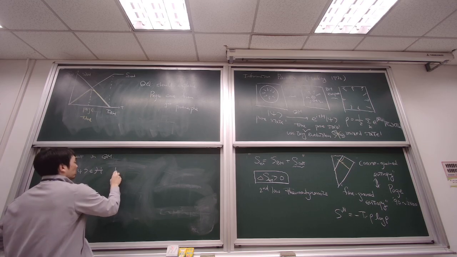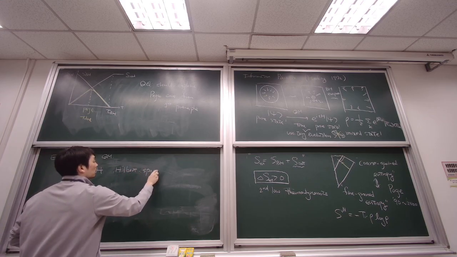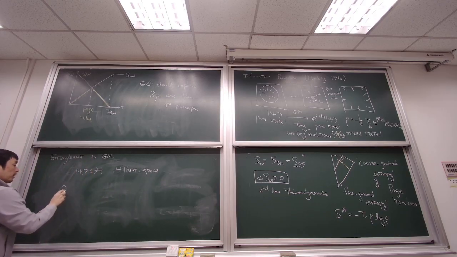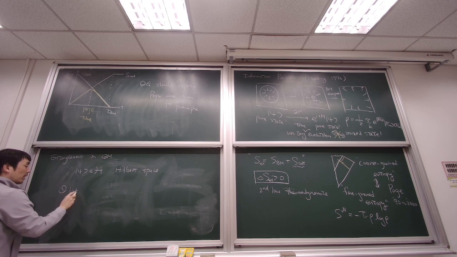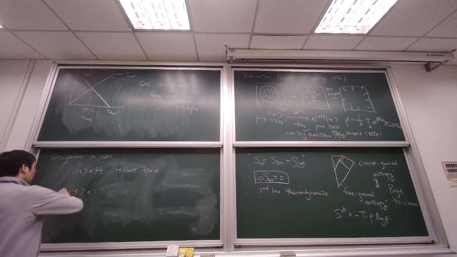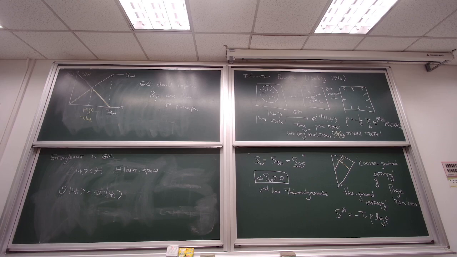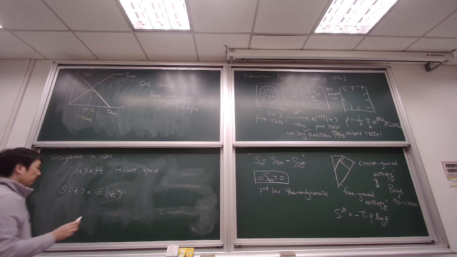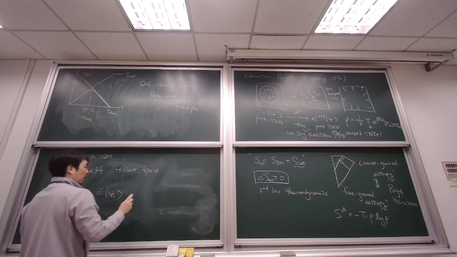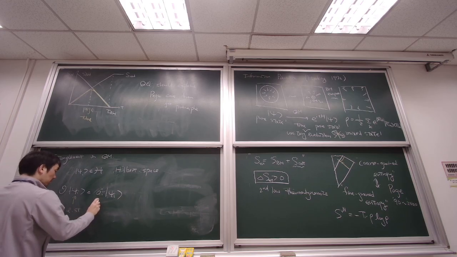Take states psi_i, and an operator O acting on psi_i gives the eigenvalue a_i times psi_i. So psi_i is called an eigenstate, and a_i is the eigenvalue.